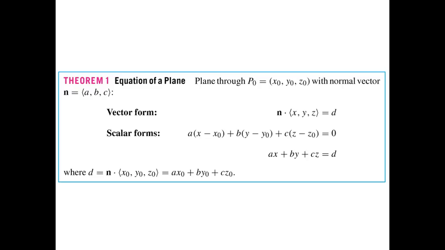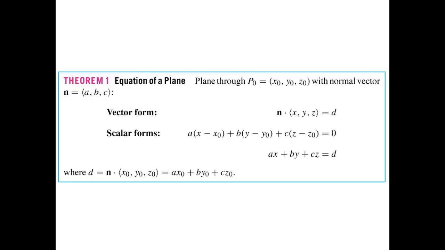The plane has got to go through that, and it has a normal vector whose components are A, B, C. So the vector form of this equation then would be n dot the vector from the origin to x, origin to y, origin to z.